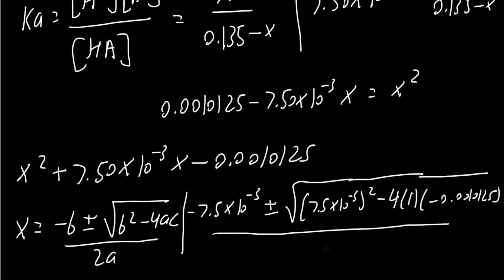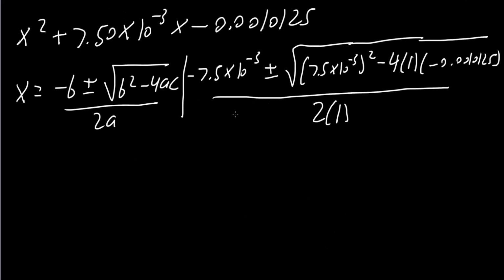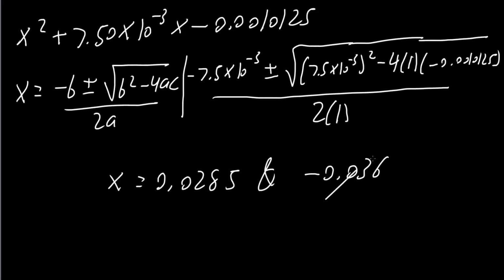A is 1, so it's simply 2. Using this formula, we would get that X is equal to 0.0285 and negative 0.036. We ignore the negative and focus only on the positive.